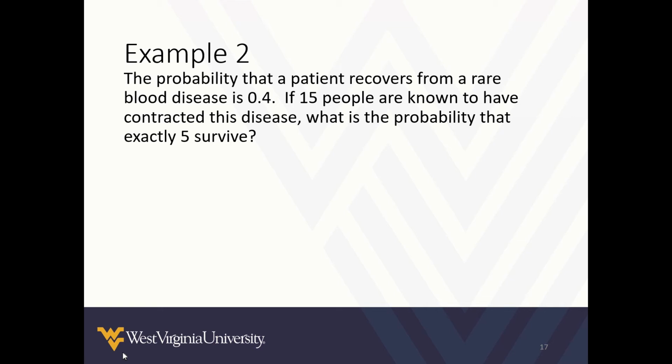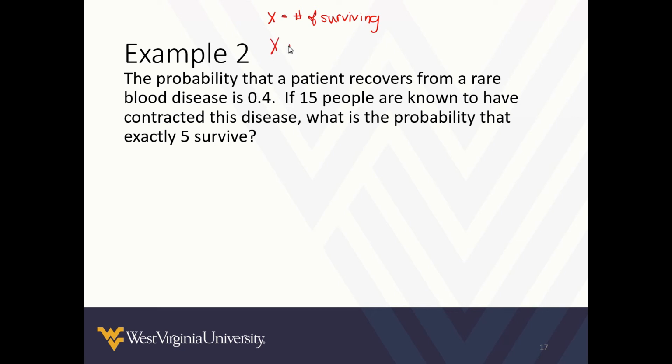So as always, I do like to write out the information that we have. So we're going to let x be the number surviving. Now, clearly, this is a success-failure situation. You are alive or you are dead.